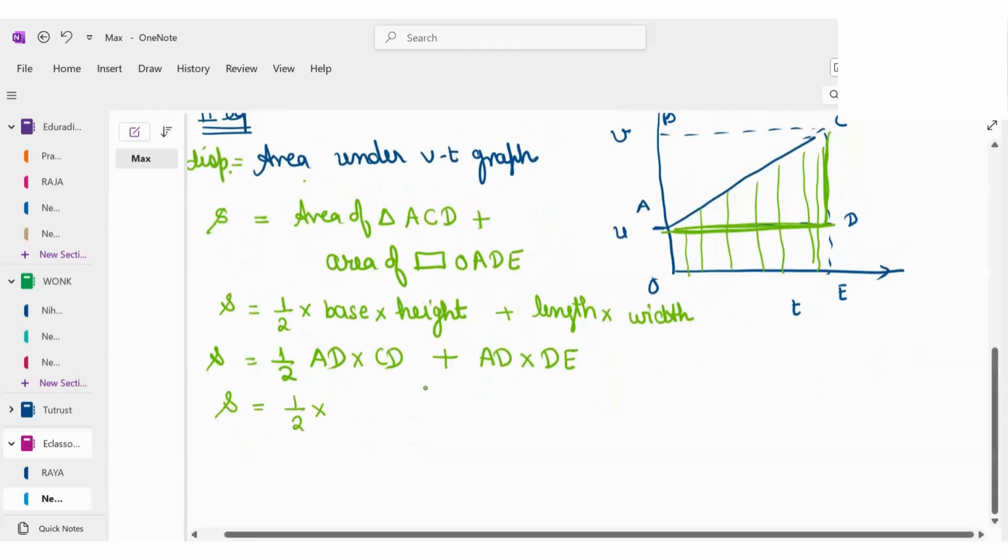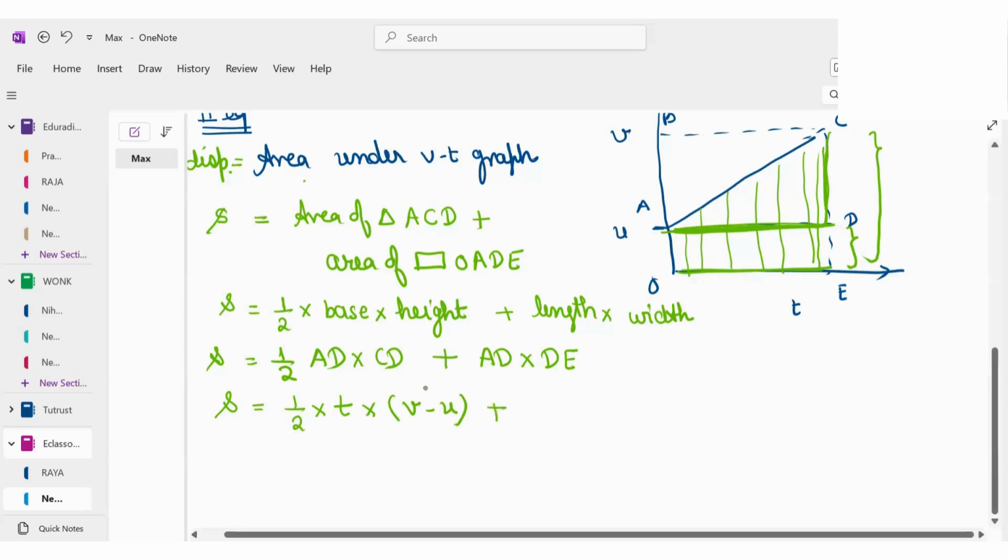Half of AD becomes this value, which is equal to T. CD becomes again CE minus DE, that is V minus U. Correct?